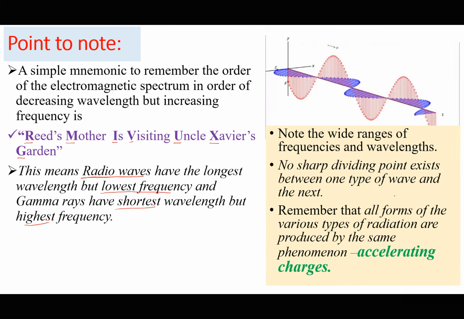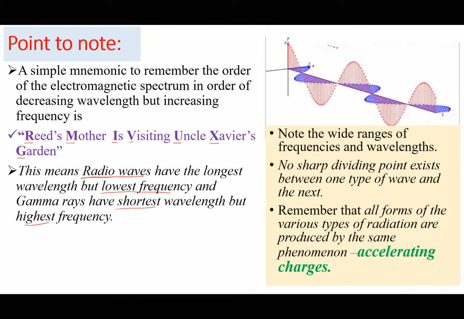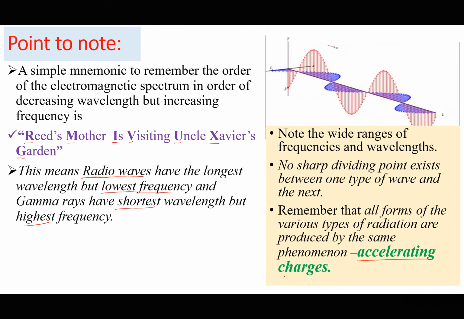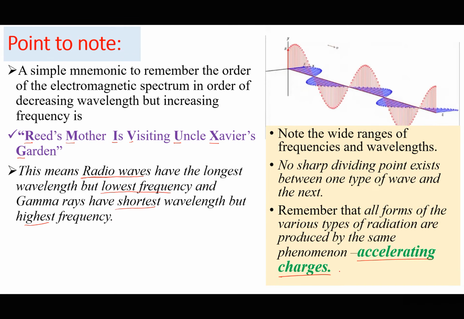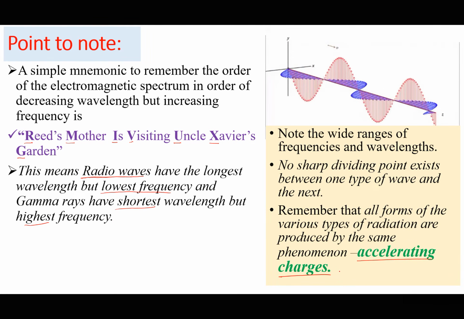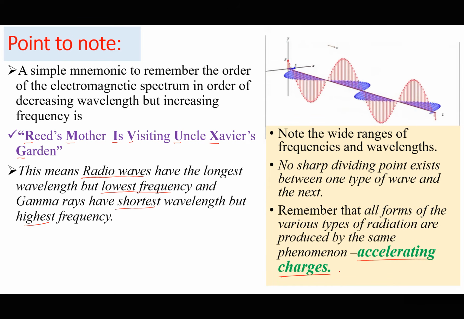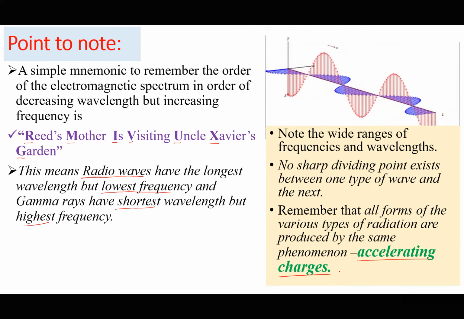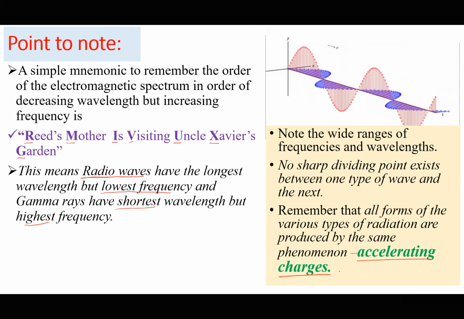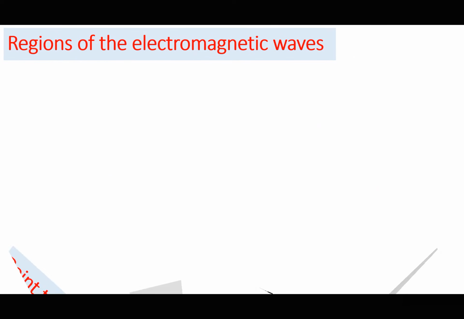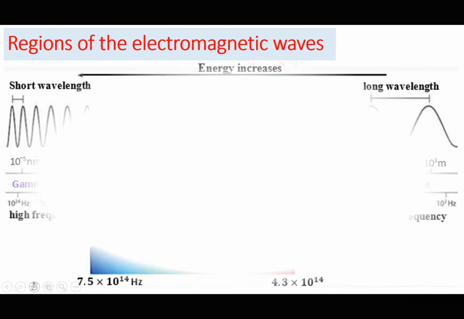Also, I want you to remember that all the various types of radiation are produced by the same phenomenon: accelerating charges. That's why in almost every case, charges have been involved, either accelerating or being decelerated or stopped, and so on and so forth. So in summary, the electromagnetic spectrum would look somewhat like this.